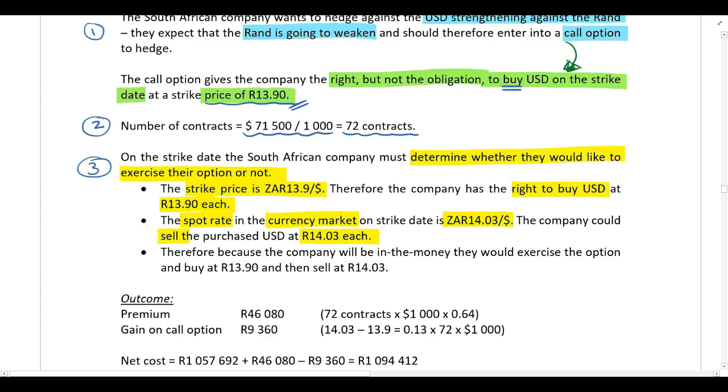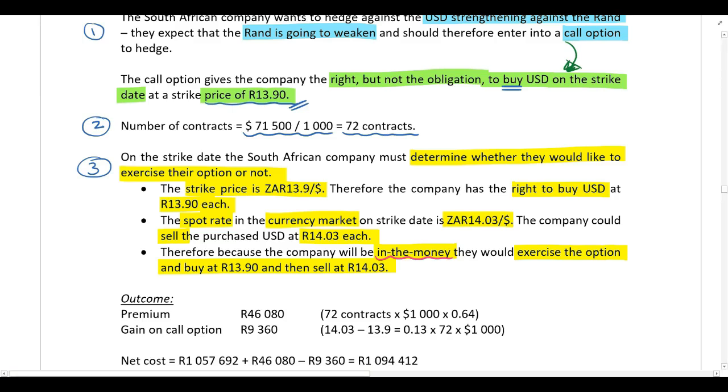So because they are in the money, they would exercise the option and they would buy at 13 Rand 90 and then sell at 14 Rand and 3 cents. So guys, the terminology in the money just means they are going to make a gain on this contract. So because they are in the money, they are going to exercise the contract.